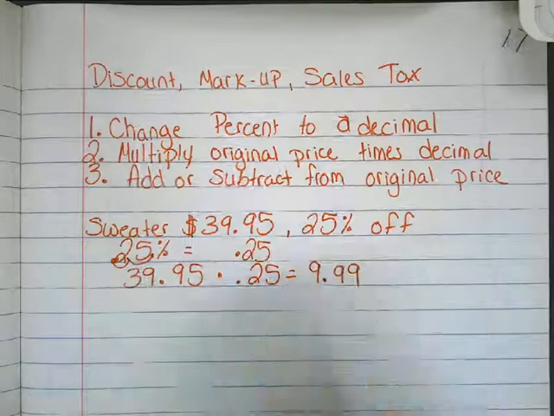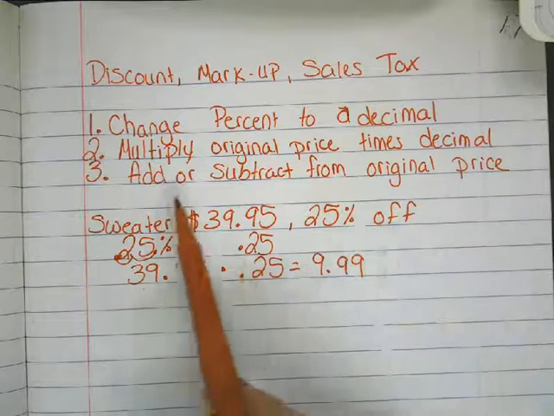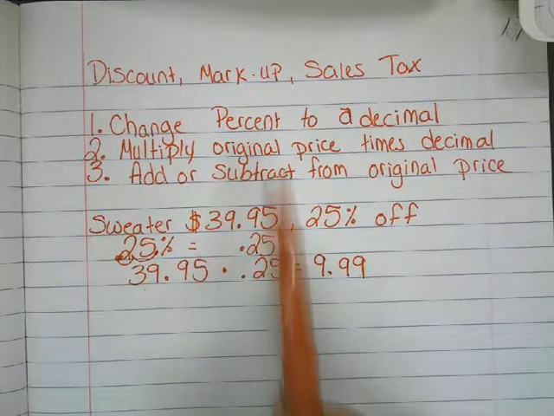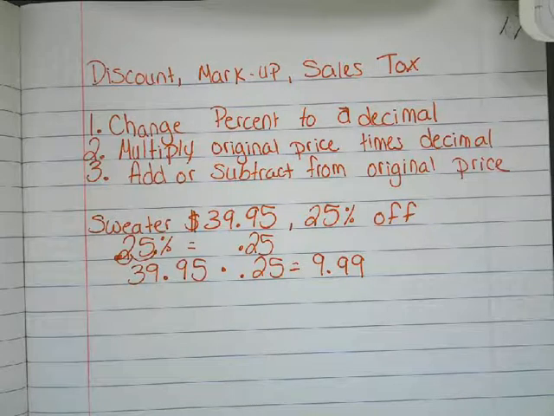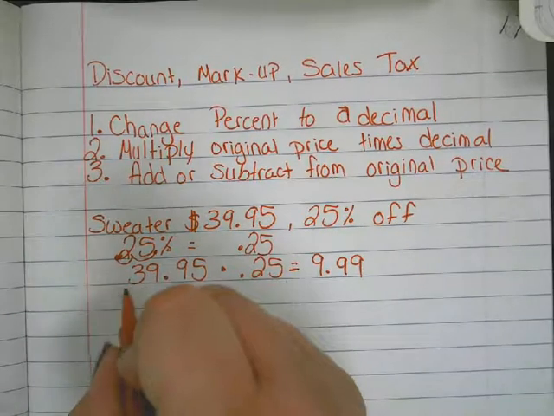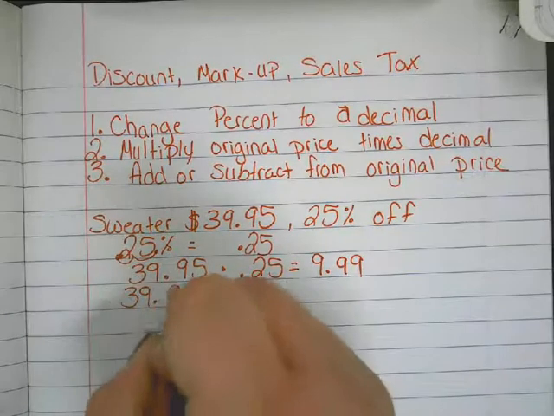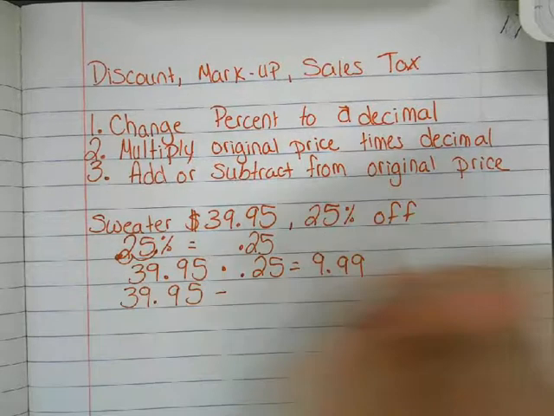Okay? Now it says add or subtract from original price. How am I going to know whether I need to add or subtract? Off, so what am I going to do? Subtract. It's a discount. So I'm taking the original price of $39.95 minus $9.99.